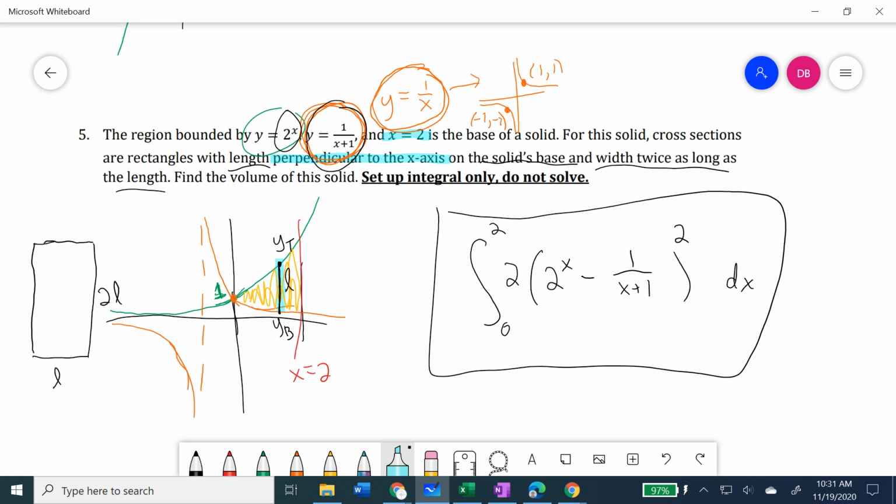What side of this two-dimensional object is there? So it says, for this solid, cross-sections are rectangles with length perpendicular to the x-axis on the solid's base. So on the solid's base is what has been given to you as length.